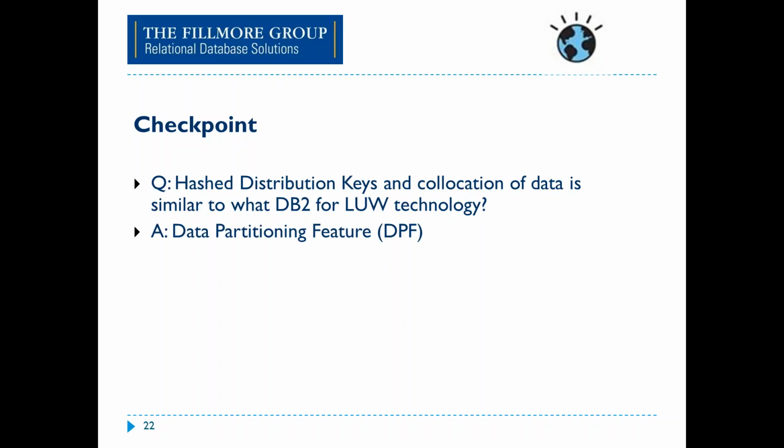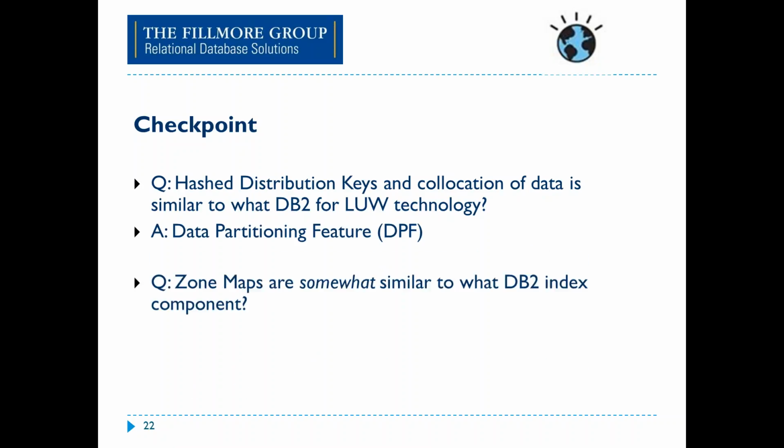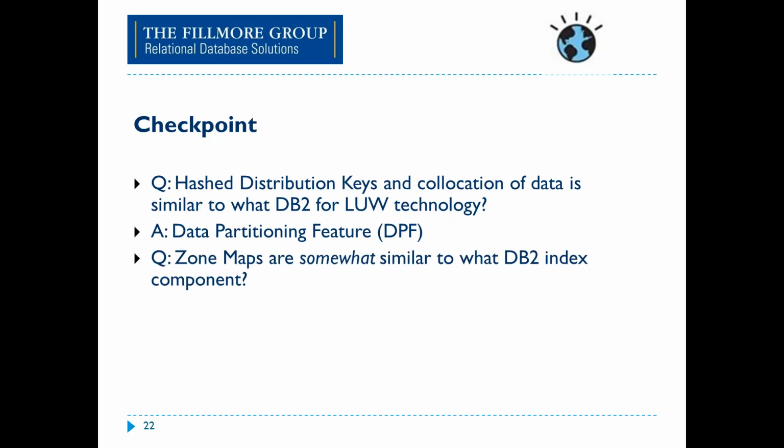also uses a hashing technology to co-locate data for joins that would prevent the broadcast of data within the DPF architecture. Zone maps are somewhat similar to the DB2 index component, and they are somewhat similar to the leaf pages.